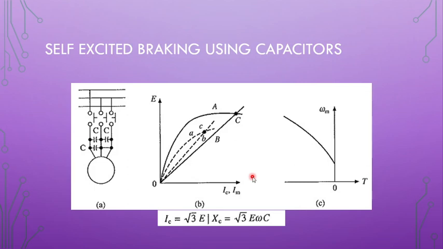The next type we have is self-excited braking using capacitors. Here, capacitors are used between each phase.